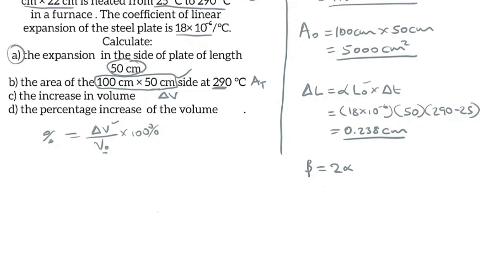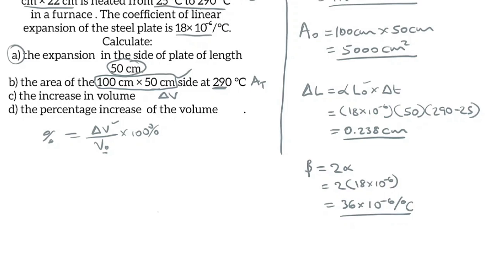Then that is 2 times 18 times 10 to exponent negative 6. Here you will get the coefficient of area expansion to be 36 times 10 to exponent negative 6 per degrees Celsius.